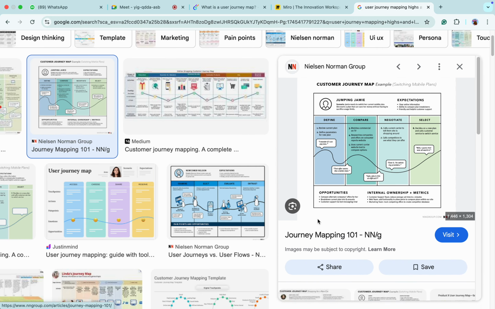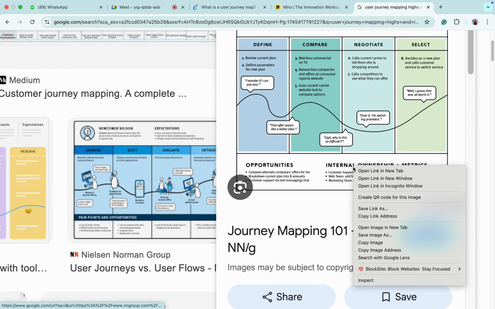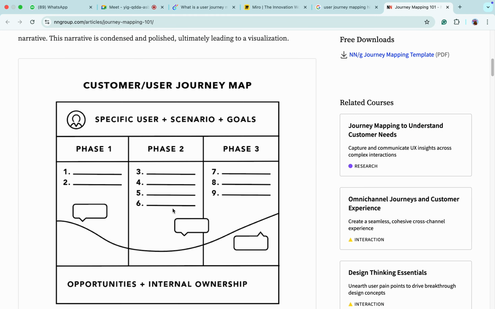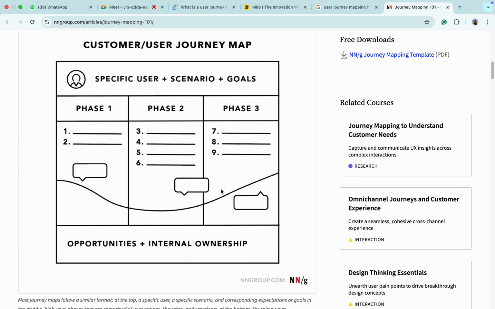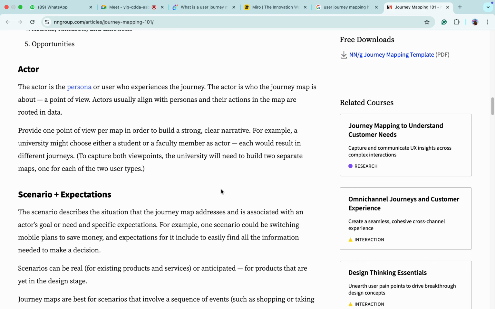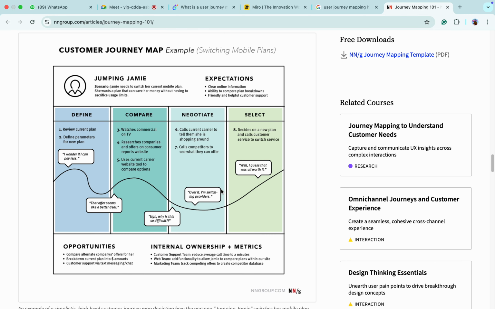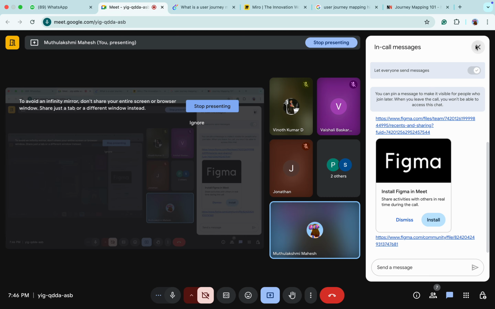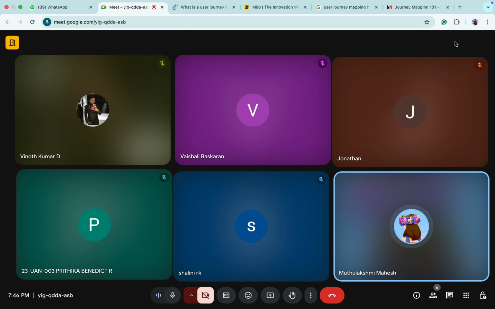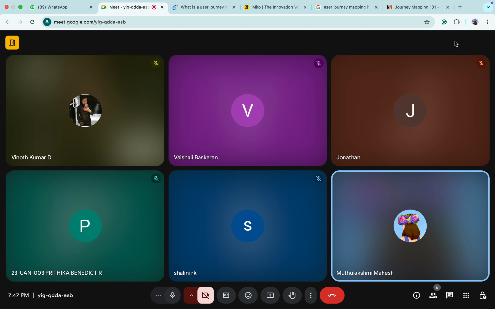It will be something like this: the highs and lows in each phase. You can work on the assignment and come for tomorrow's class.